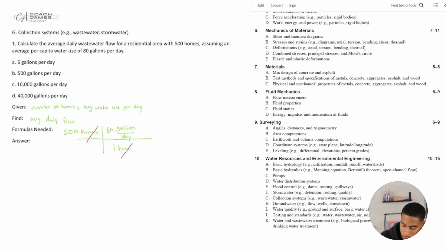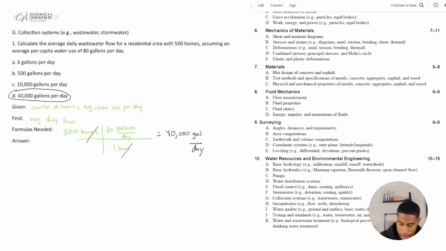All right. So once I do that, I get that to be able to serve all these 500 homes, based on their need for each home, the average daily flow will need to be 40,000 gallons per day, or D. All right, pretty simple, pretty straightforward.